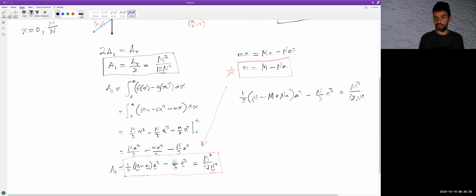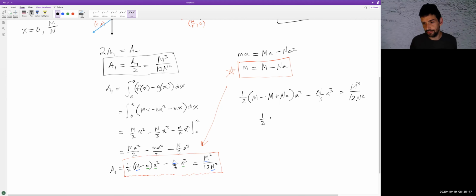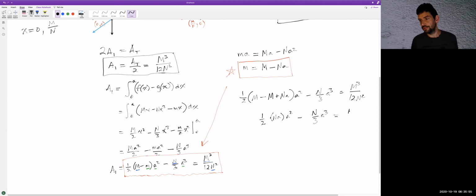Okay. So let's do a little solving here. M minus m canceled out. I get 1/2 na a squared minus n over 3a cubed, still equal to m cubed over 12n squared. Let's do a little more simplifying.